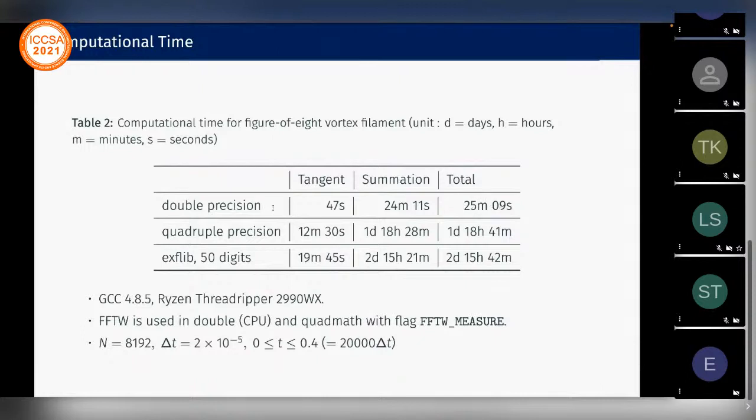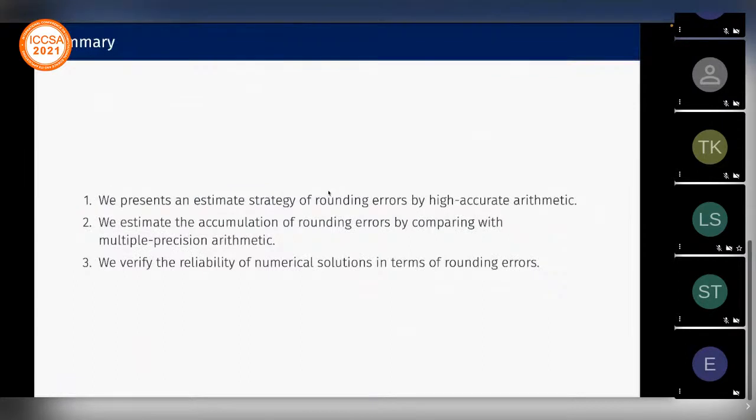So for a larger n, we can use double precision, which is enough for this kind of numerical computation.